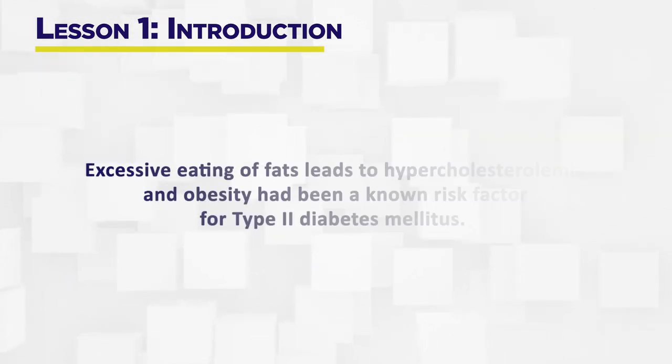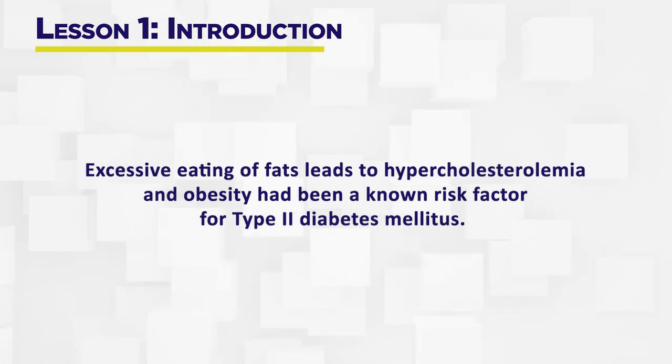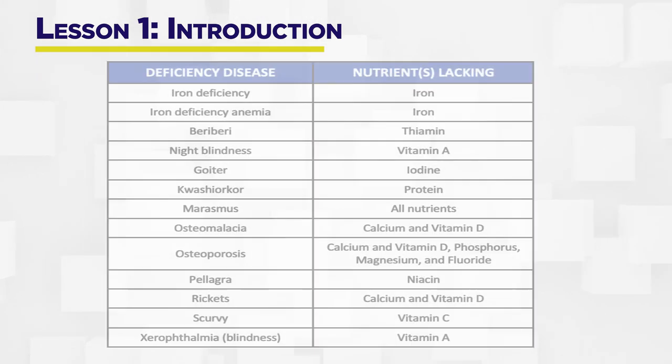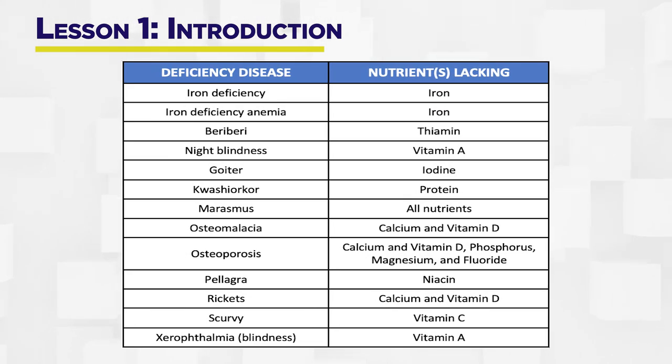An example is that excessive eating of fats may lead to hypercholesterolemia, and obesity is a known risk factor for type 2 diabetes mellitus. The deficiencies involving various nutrients are shown on this table.